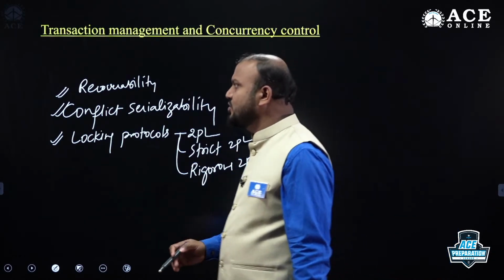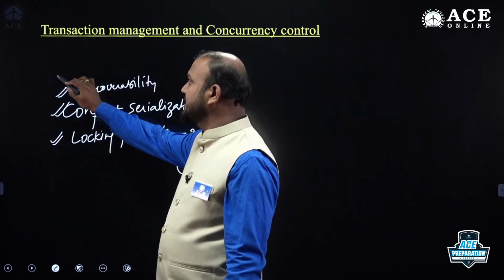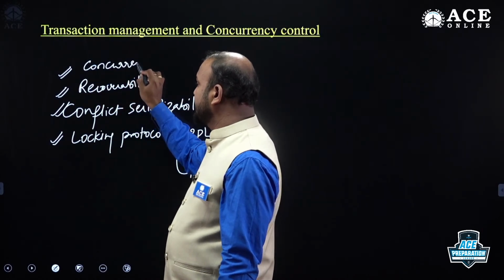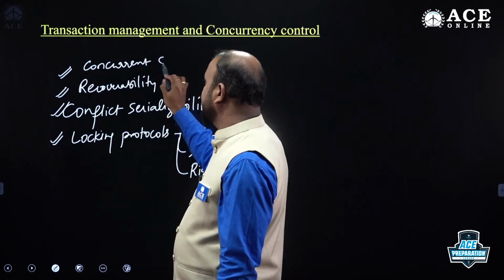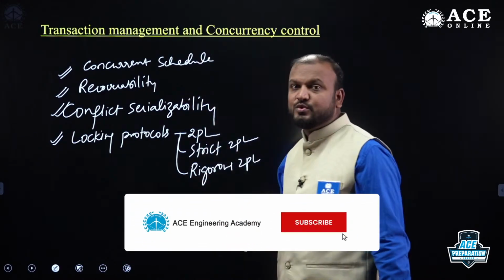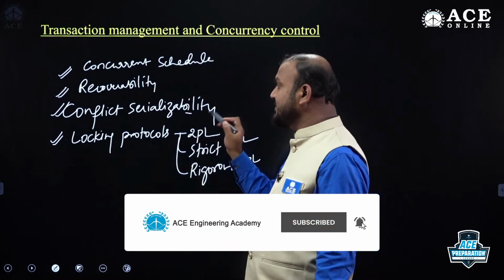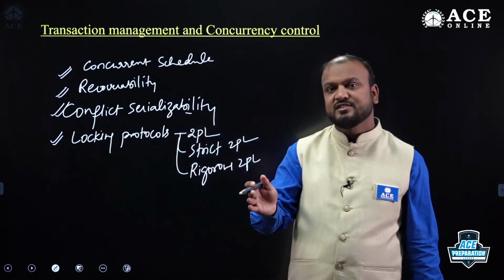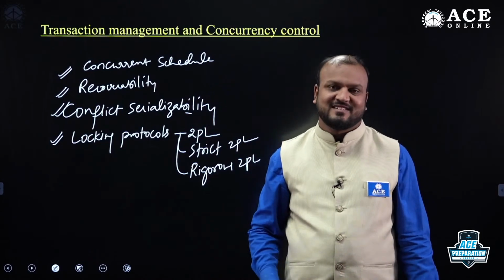But still there is a scope of asking questions on the number of concurrent schedules, and the number of concurrent schedules that are conflict equivalent to serial schedules. This kind of question, the number of concurrent schedules possible over two transactions T1 and T2 that are conflict serializable, was asked in 2017.